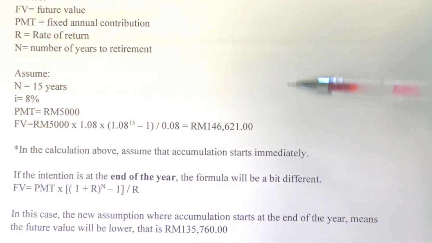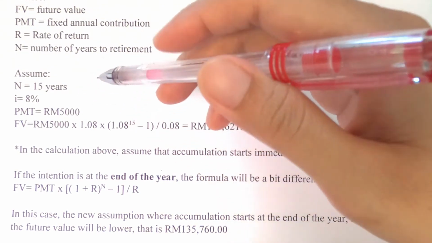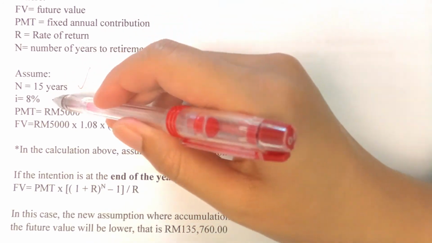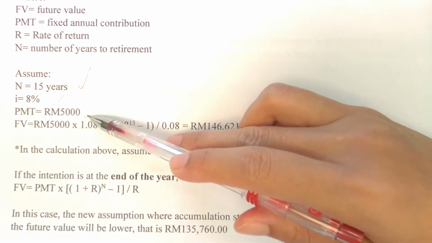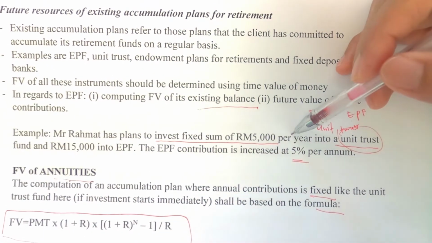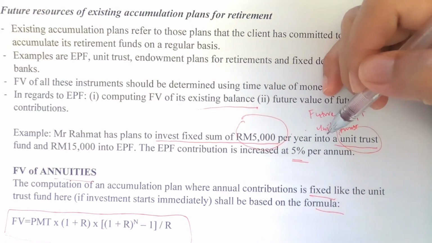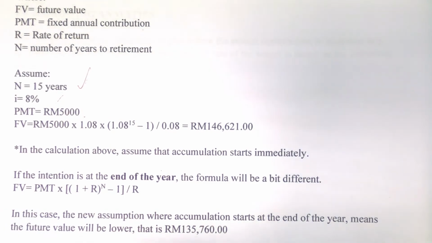So let's make an assumption that the number of years to retirement for Mr. Rahmat is 15 years. The I is 8%. The PMT, the payment every year, is 5,000, because it has been stated here that Mr. Rahmat planned to invest a sum per year into a unit trust fund.